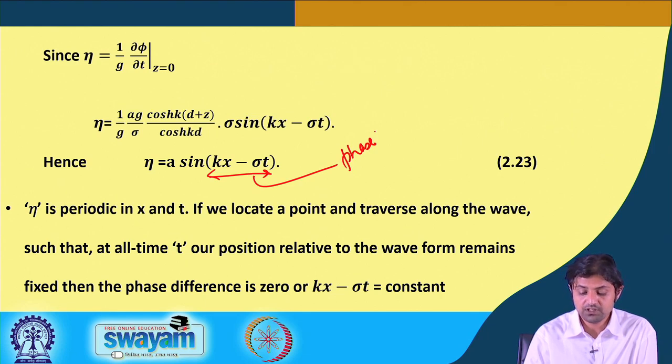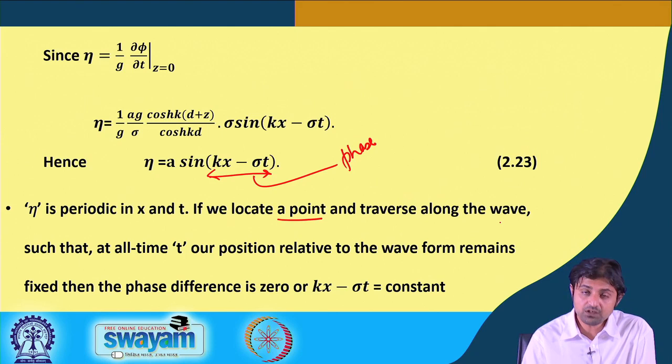What we do is, if we locate a point and traverse along the wave such that at any time t our position relative to the waveform remains fixed, then this means that kx minus sigma t will be constant. The phase difference is going to be 0.